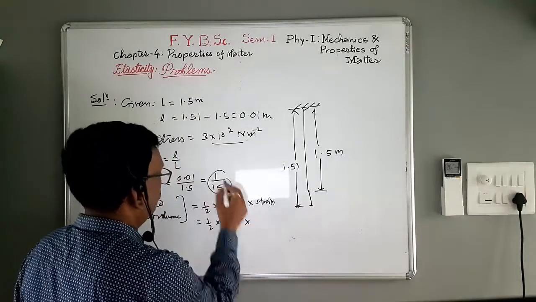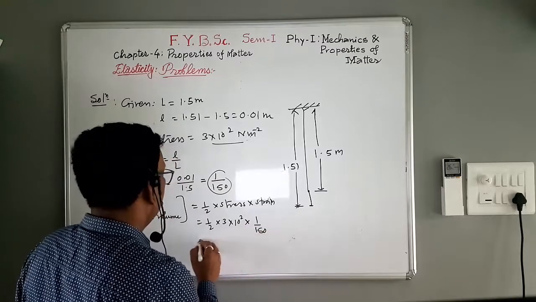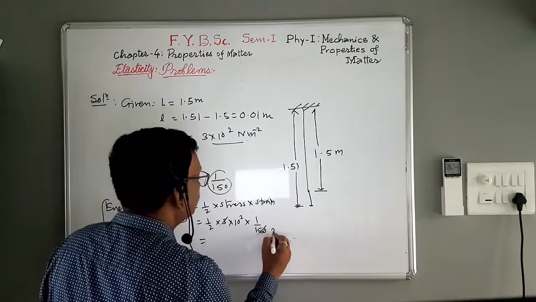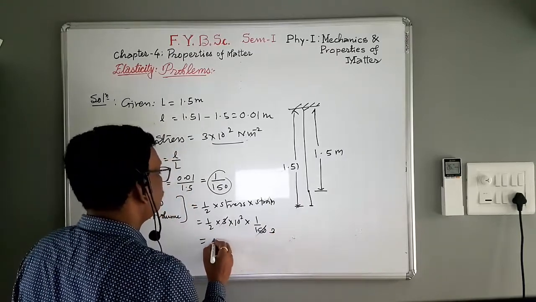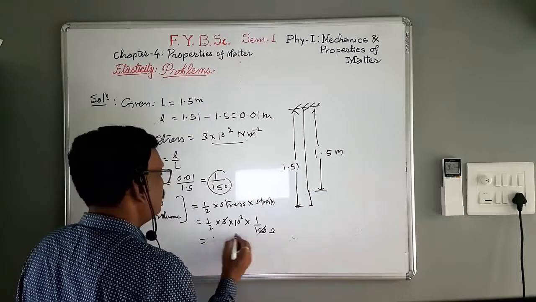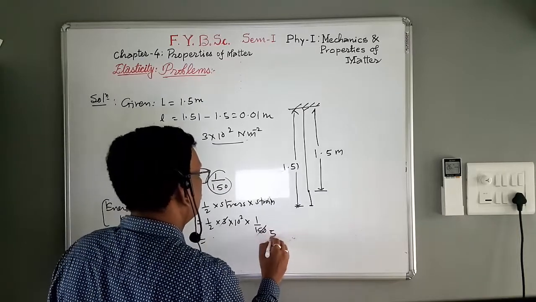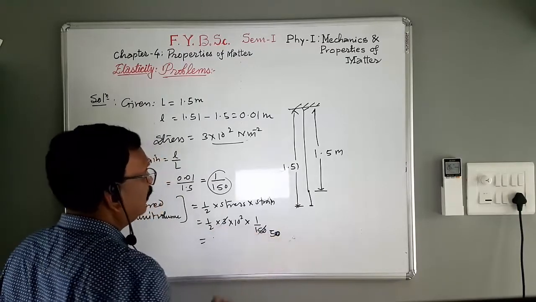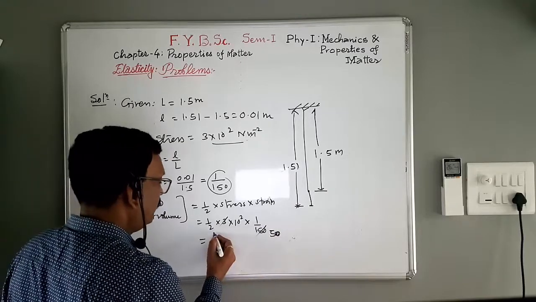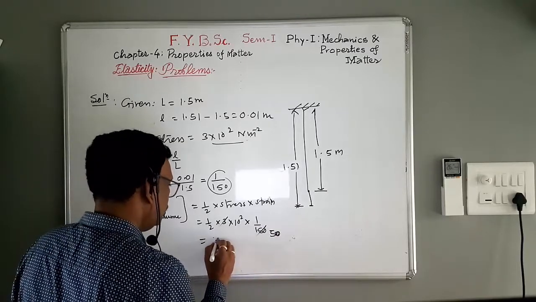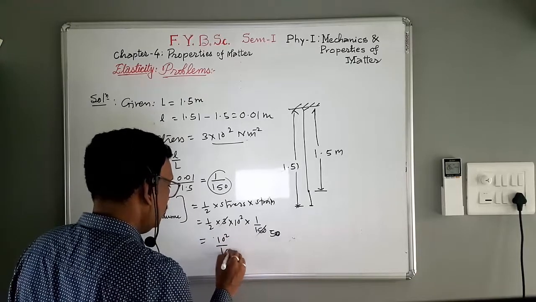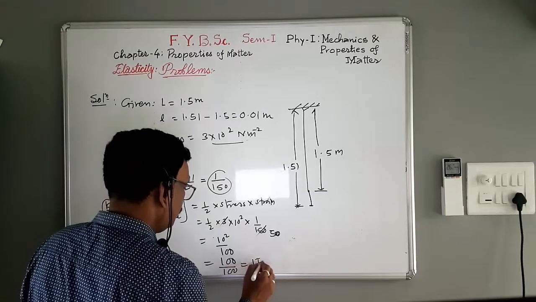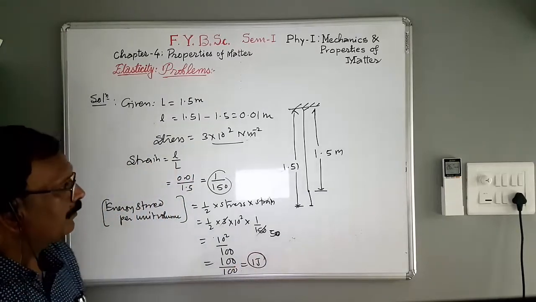And strain is 1/150. There is no need to use a calculator: 3 divided by 150 is 1 upon 50, and with the half, that is 100. So 10 raised to 2 upon 100, that is 100 divided by 100, is equal to 1 joule. This is the final answer of the problem.